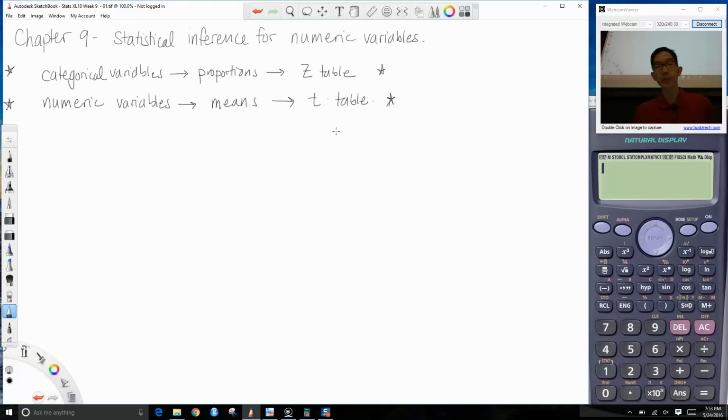So don't mix those up. Sometimes students will do stuff for means and then try to look up the number they find in the z-table, and that will not work out. So when you're dealing with means, you're going to look up stuff in the t-table.